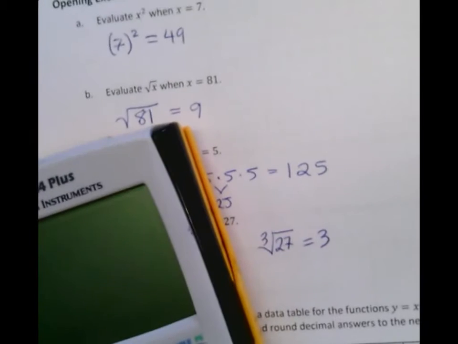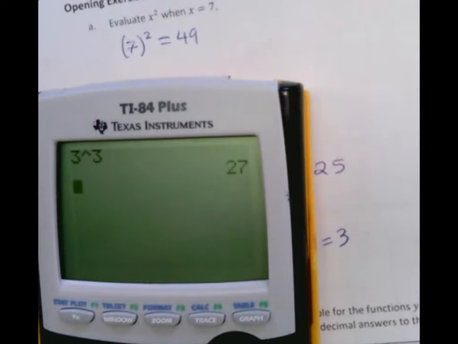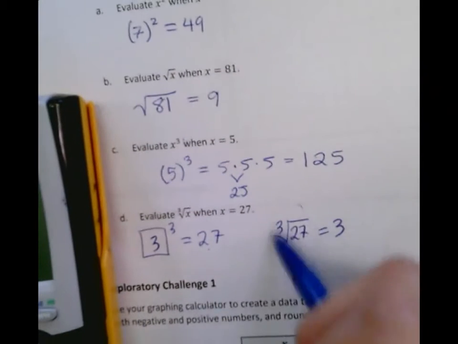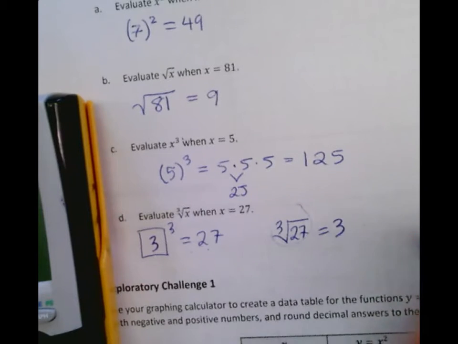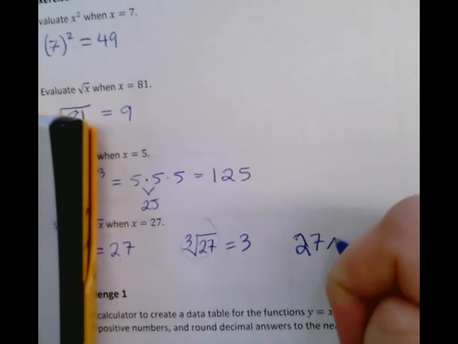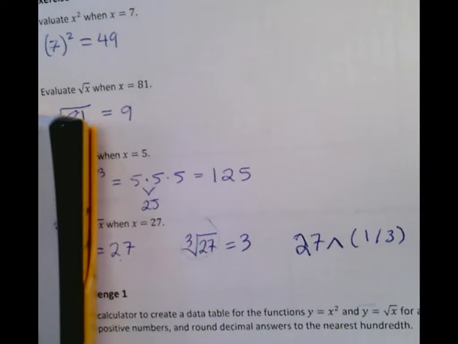You could check that on the calculator by doing 3 to the third, and you see we get 27. The other thing you can do, if you want to evaluate this in the calculator, is write it as 27, and then use the caret button to say raised to the 1/3 power.